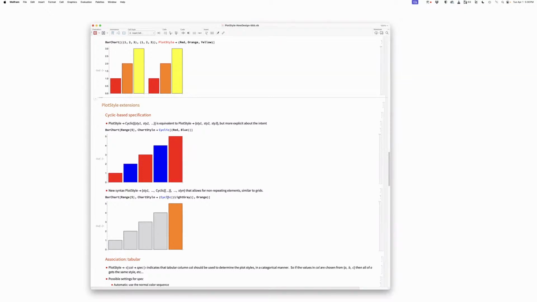Mm-hmm. Yes. What does it do by default if it runs off the end and you didn't say cyclic? You mean if you just had like 7 colors there? No, if you had 2 colors but there are 5 bars or something, what does it do? By default, it cycles. I mean, it has to be some color.